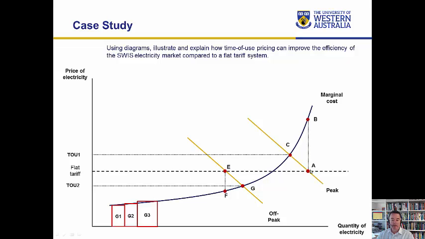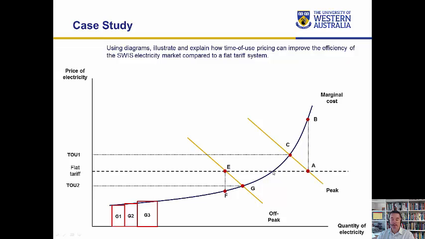With the flat tariff, at peak times we've simply got excess demand, and at off-peak times we've got excess supply. Now with the flat tariff at peak times, the issue there is that we've got excess demand between A and where the flat tariff crosses the marginal cost curve.